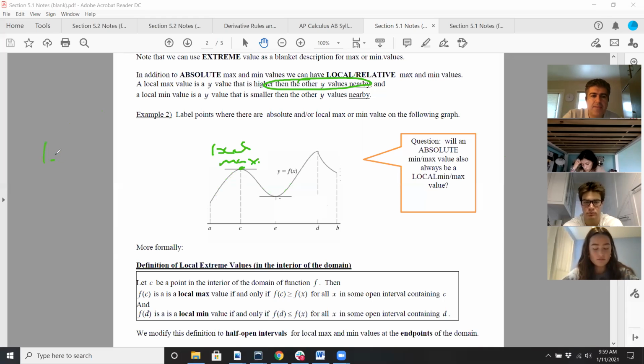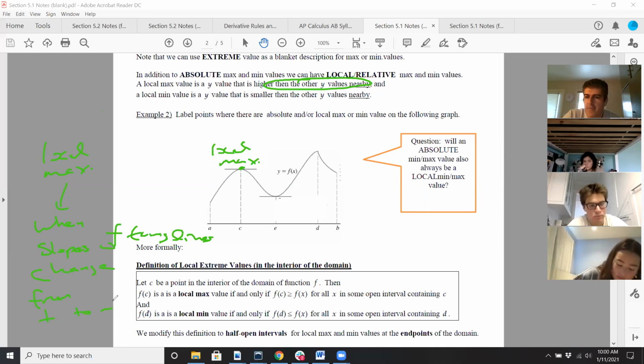A local max happens when the slopes of tangent lines change from positive to negative.